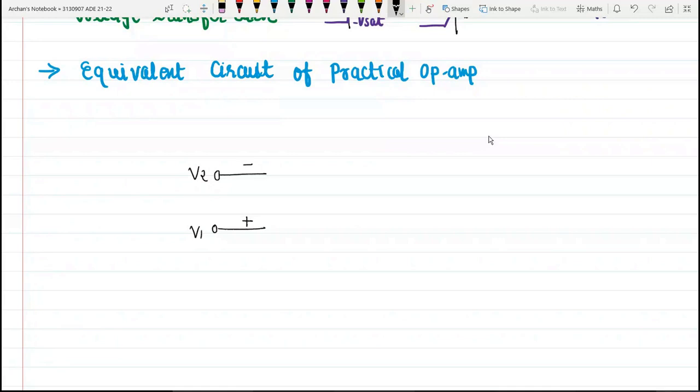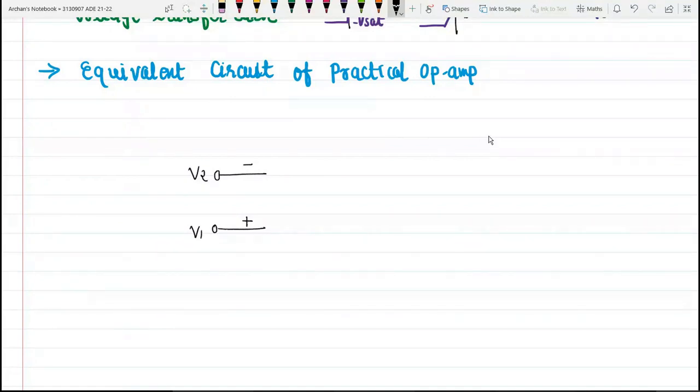Yesterday we discussed the ideal characteristics. The op-amp will be called ideal if it possesses infinite input impedance, such that there will not be any loading effect. So here we need to represent one input impedance.